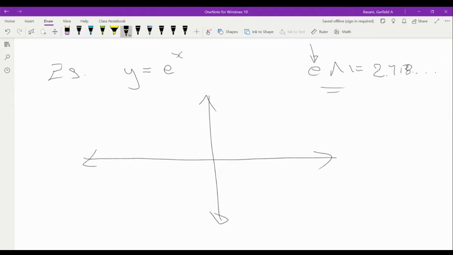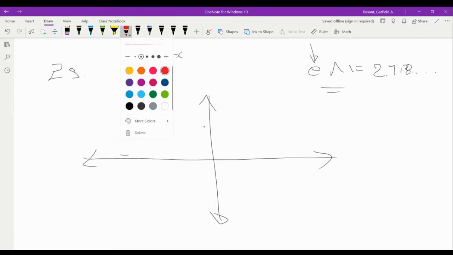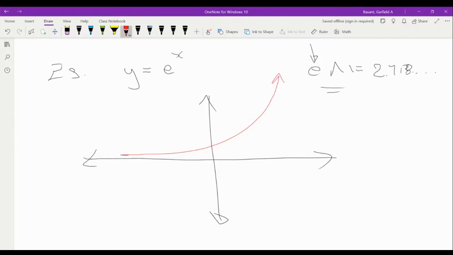So the basic exponential function has a graph that looks like this. Have you guys seen that before? So this would be your e to the x graph.